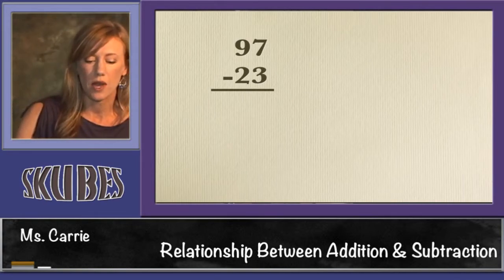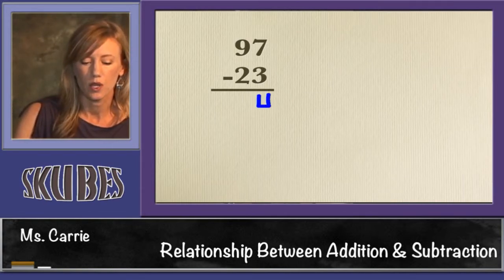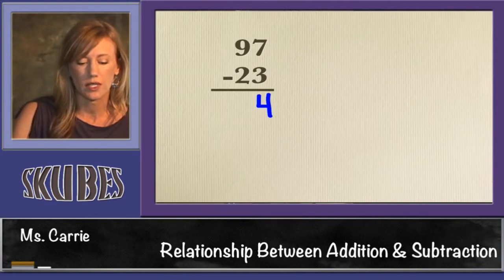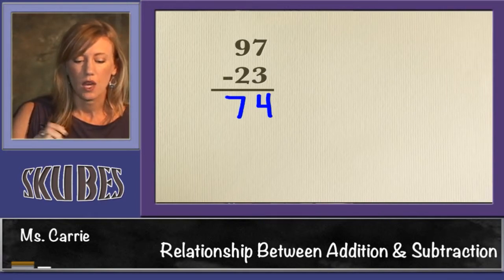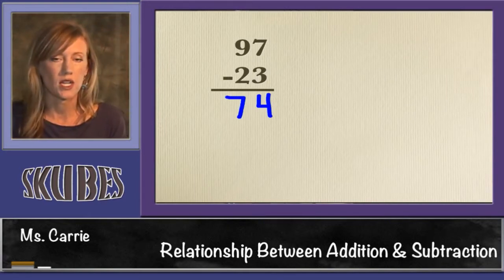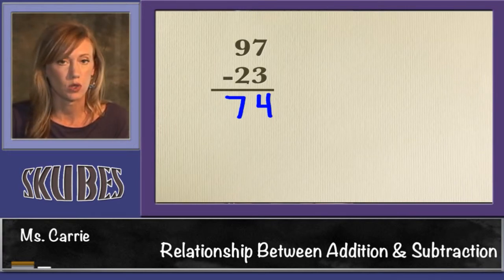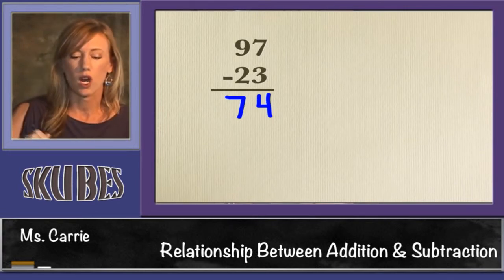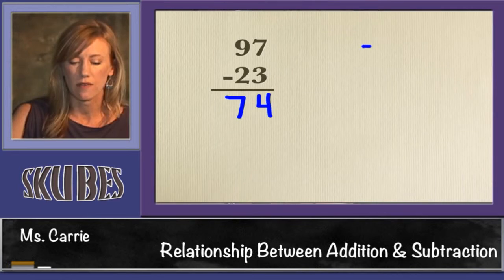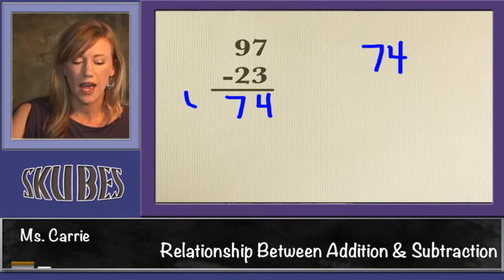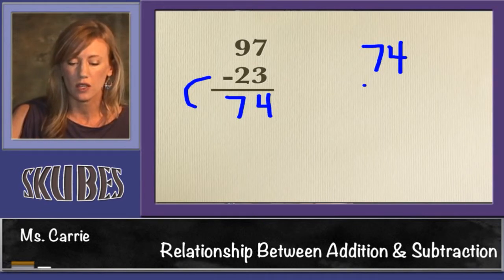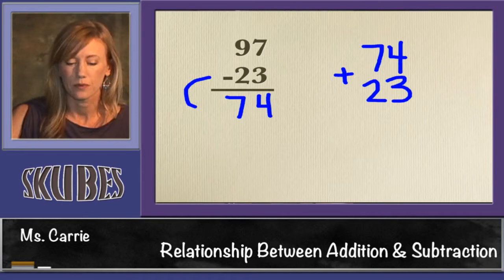We know that 7 minus 3 is 4, and 9 minus 2 is 7. Now, since we started with subtraction, now we have to show the relationship to addition. So I'm going to start with my bottom number, which was 74. Then I'm going to add this number here, which was 23, and see what I get.